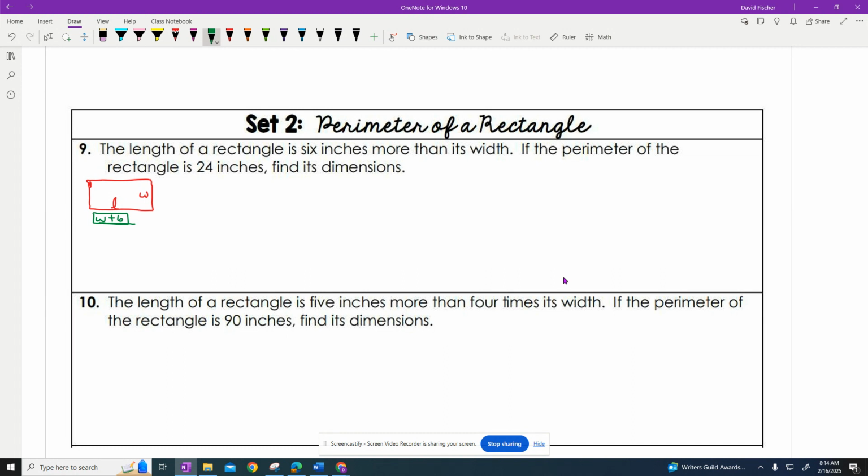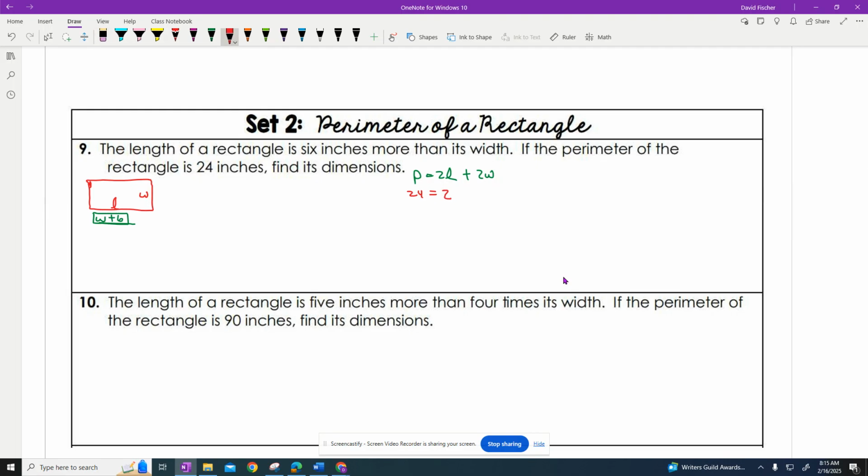And they said perimeter, which you need to know from previous years: perimeter equals 2 times the length plus 2 times the width. That's how the perimeter formula goes. And they said the perimeter of the rectangle is 24 inches. So the 24 goes right there, equals, I got to put a 2, because that's in the formula.